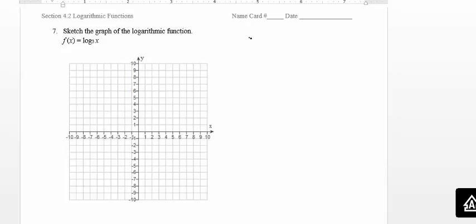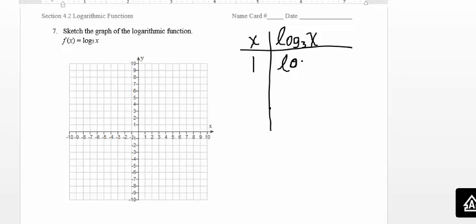So I'm going to make a table of values, and I want to choose x's so that my y is an integer. Well, first of all, I know that if x is 1, the base 3 log of 1 is 0. So I'll be plotting the point (1, 0).